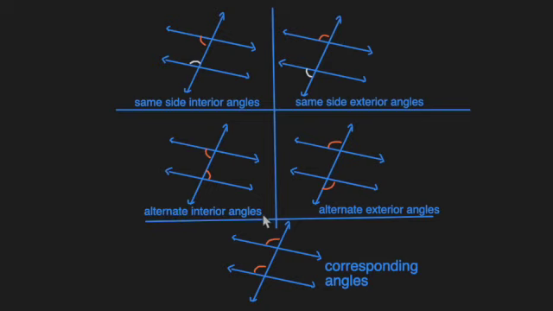Alternate interior angles: alternate sides of the transversal and inside the parallel lines. Alternate exterior angles: alternate sides of the transversal and both outside the parallel lines. And finally, there's a fifth type, corresponding angles, when they're on the same side of the transversal, but one is on the interior and the other is on the exterior.